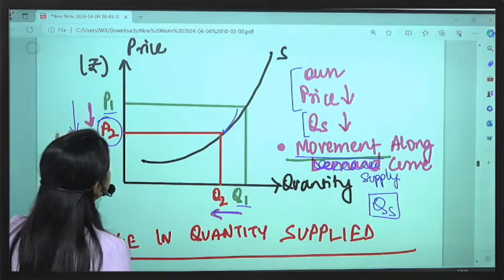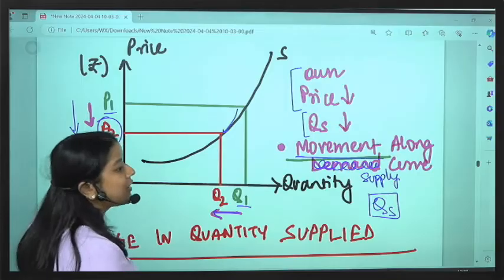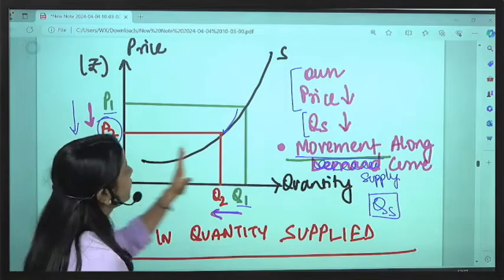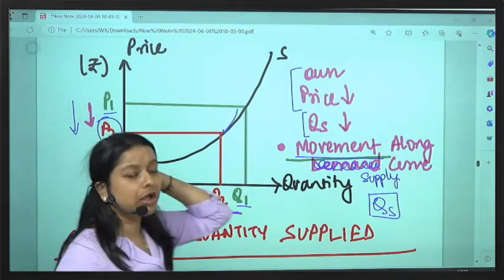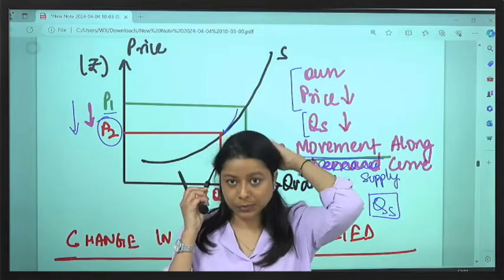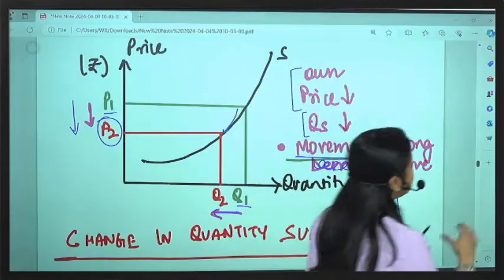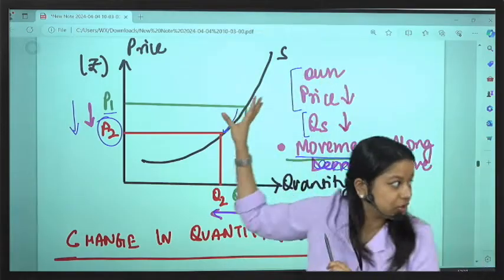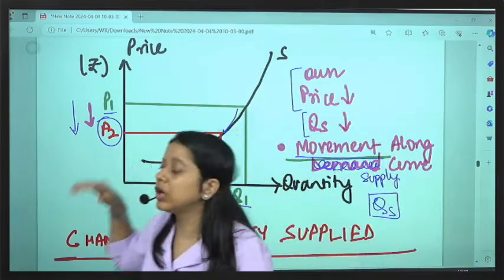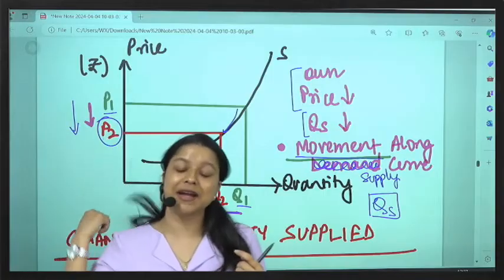From P1 we are moving to P2, and when there is a fall in the price, the quantity supplied will decrease. The quantity supplied will go down, right? So similarly, this is only when the own price is changing. Now let us suppose we are talking about the other factors.